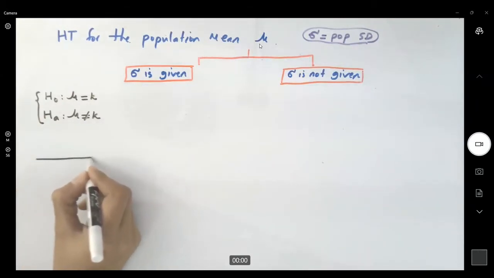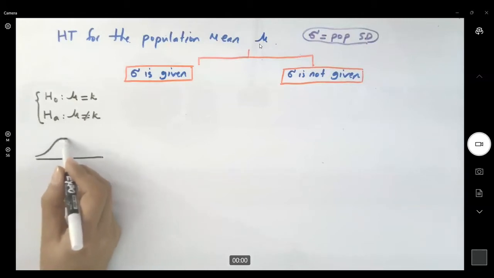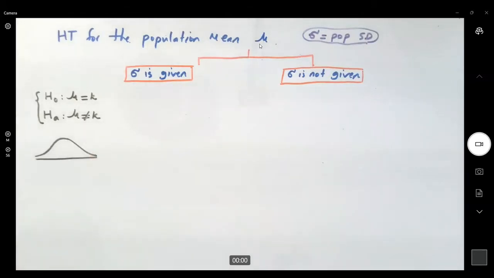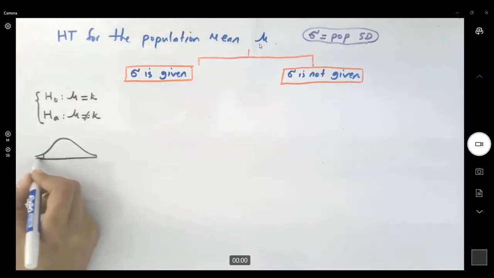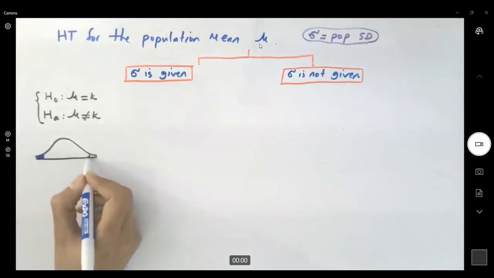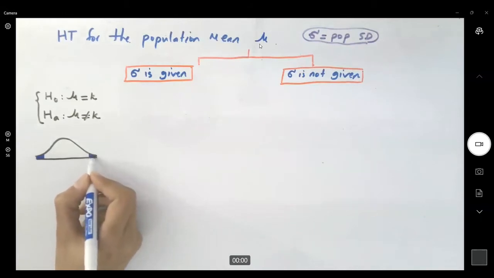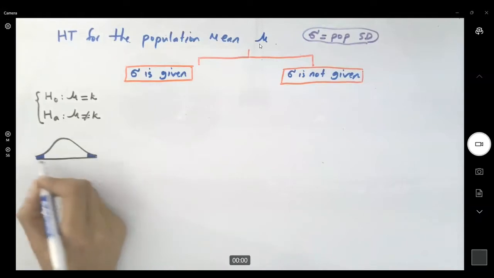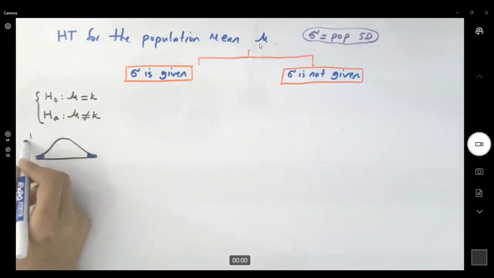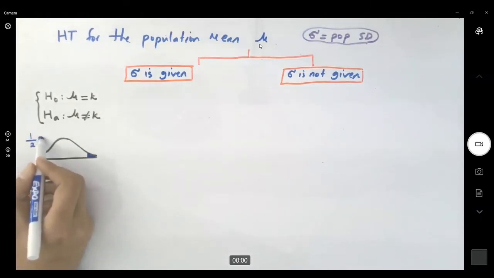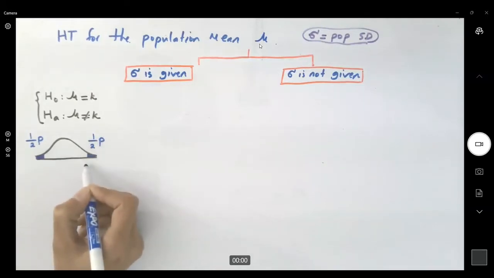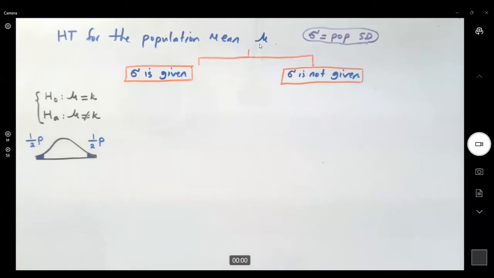It means that the area for the p-value is divided into two little areas, to the left and to the right. Half of the p-value is on the left, half of the p-value is on the right. This is your very first scenario.